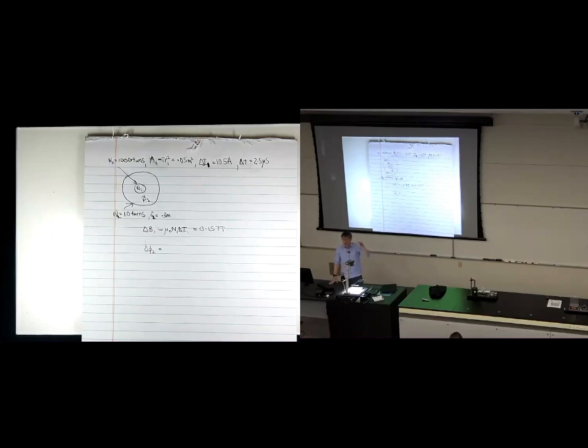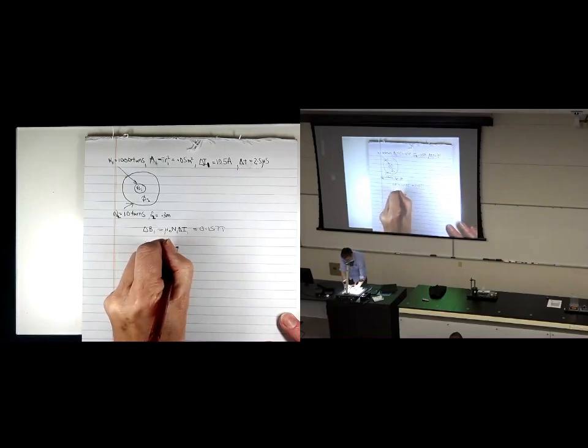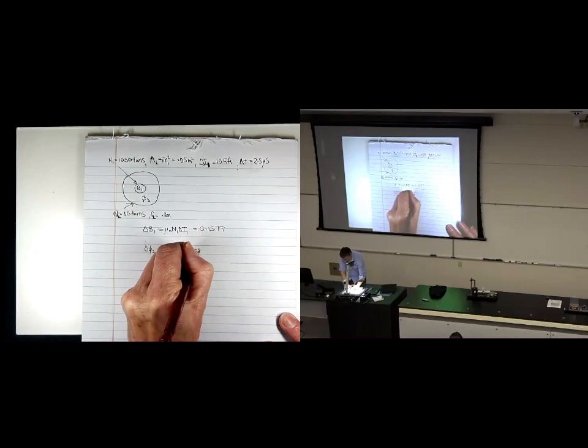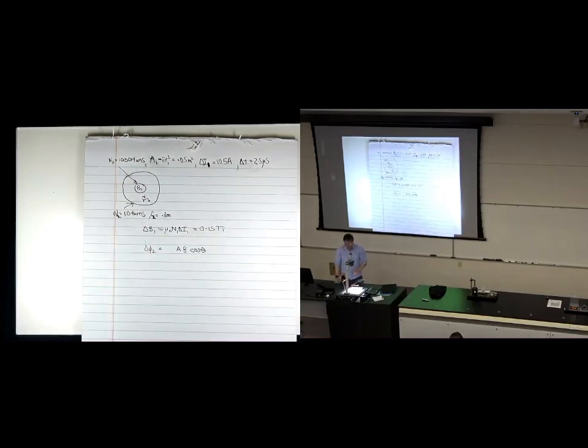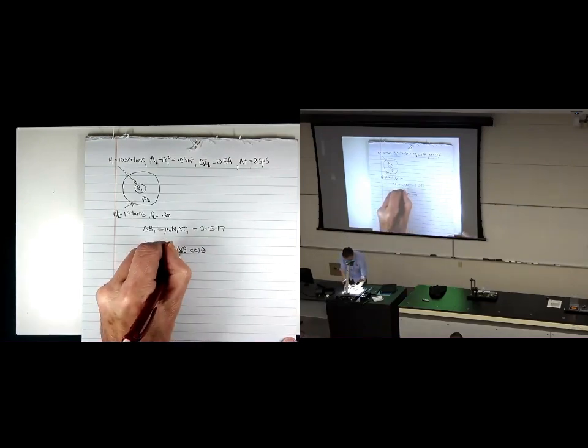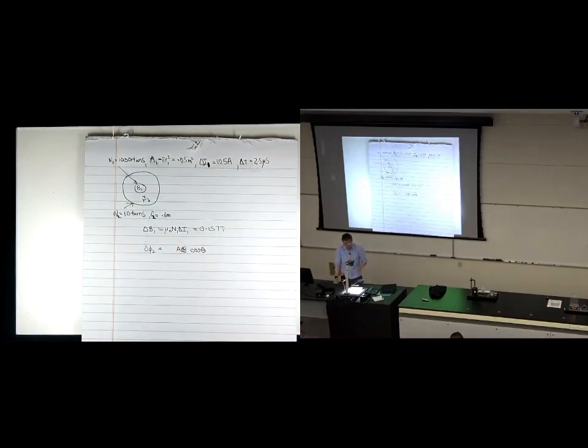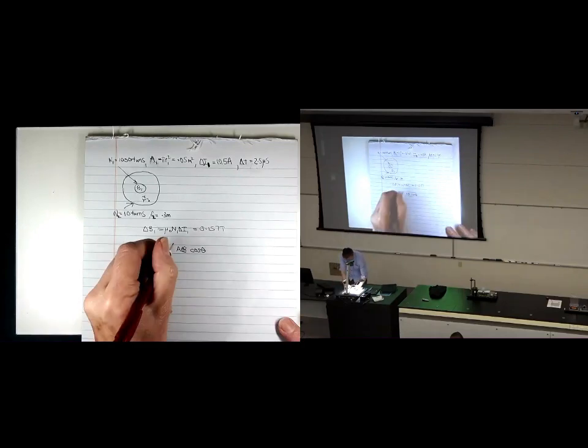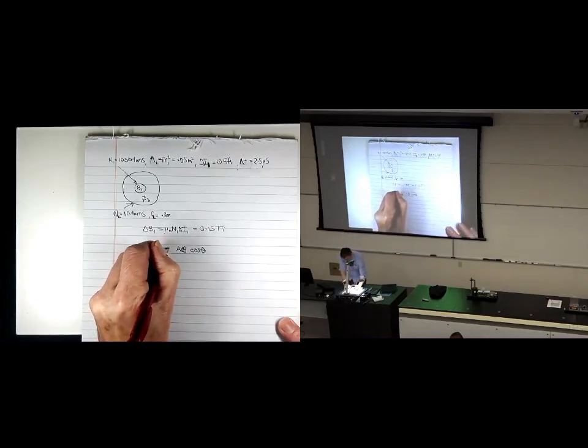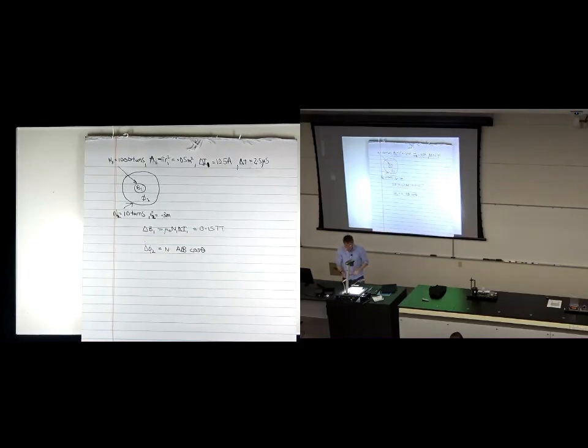That was our equation for flux, or change in flux due to change in magnetic field. That's in one loop of wire. If I have multiple loops of wire, I have to multiply by how many turns we have.